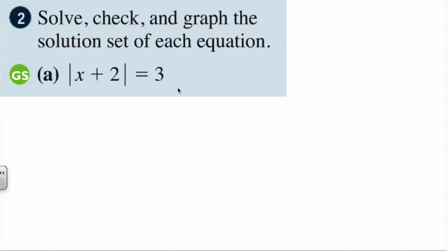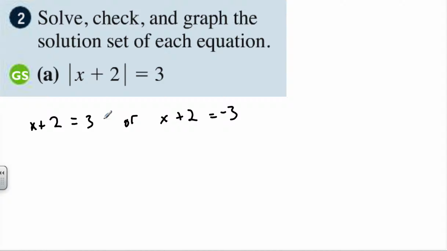Okay, so we want to solve, check, and graph the solution set of this equation. We've already isolated the absolute value. So we just say the inside part, which is x plus 2 equals 3, or x plus 2 equals a negative 3.